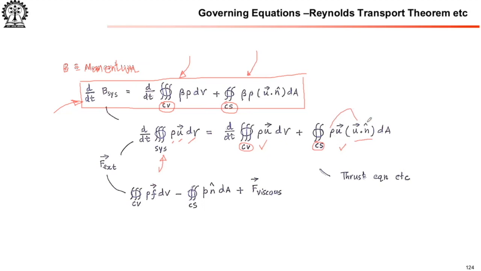That will give you the sense of the momentum that is leaving the control volume across its surface minus the momentum that is entering the control volume across the control surface per unit time. So essentially it is the time rate of efflux of momentum across the surface of the control volume. Now this time rate of change of momentum of the system is nothing but the forces acting on the system.